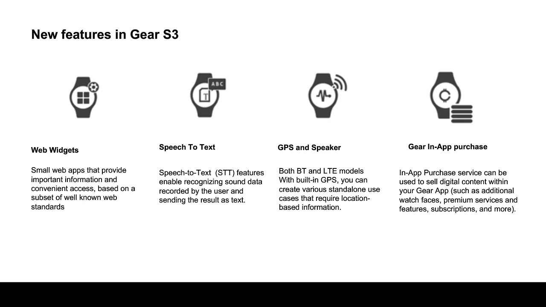And then we also have the speech to text APIs. And as I mentioned before, all devices of Gear S3 come with GPS and speaker. And then we have also opened up Gear in-app purchase. So you can use this API, and if you want to sell any product from within your application, you can use these APIs.